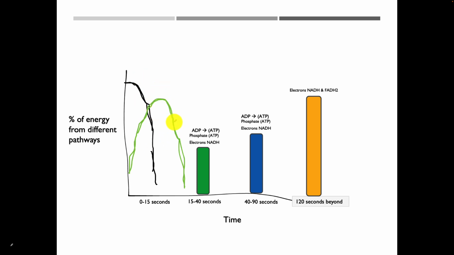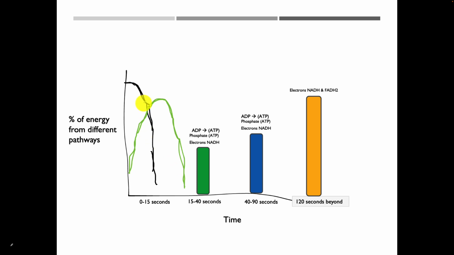If you are a baseball player and you hit a ball and you sprint to first base and you have to stop at first base, well, guess what? You've only used this pathway, right? You've only depleted ATP and PC.